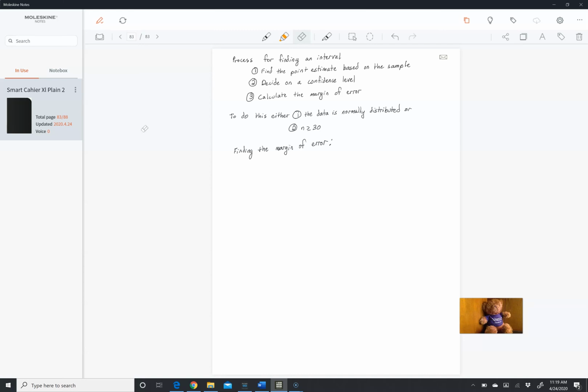Okay, so margin of error is E. I'm going to put that in here. That's what we use to represent the margin of error. To find it, first of all, we need to know the level of confidence. And that level of confidence, we use C.